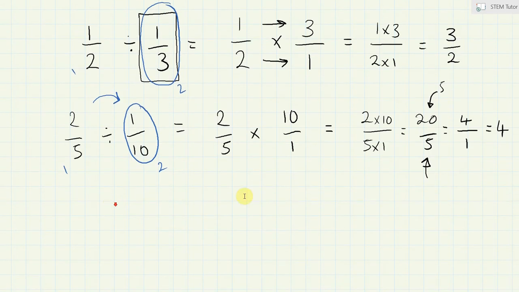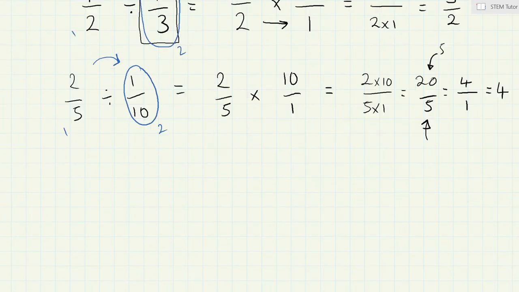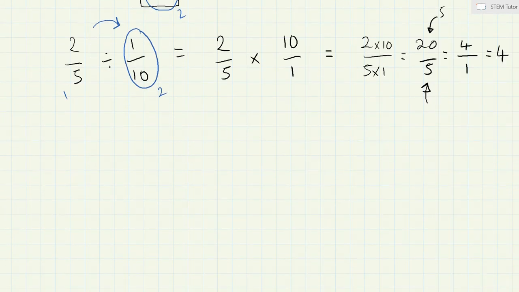Okay, so just to do some questions to close this off, let's have question A, where we've got 3 over 7 multiplied by 1 over 2. B can be 1 over 4 multiplied by 3 over 9.